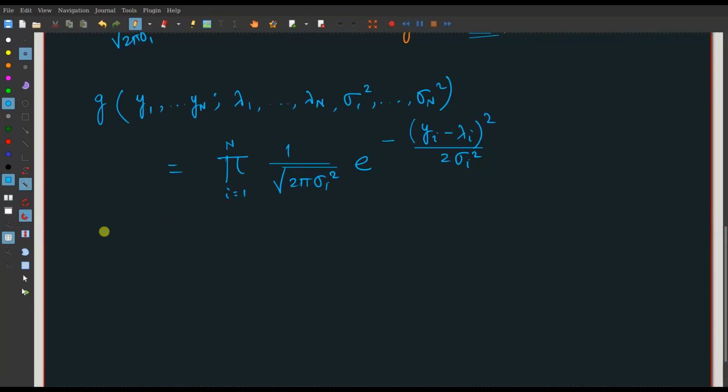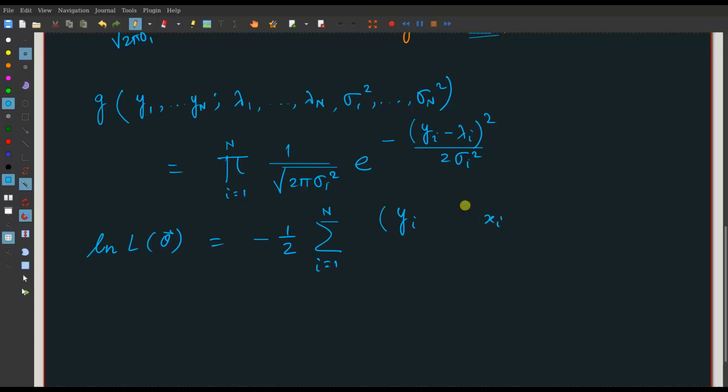The logarithm of this quantity gives a constant, which does not affect my minimization, so I only keep this part, and the product becomes a summation. So this is minus the sum over i equals 1 to n of yi minus lambda i, where, as I told you, lambda i is basically lambda at xi, or rather y at xi, I should write.